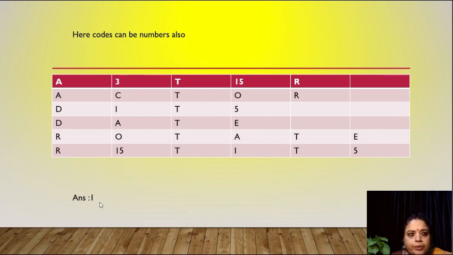So whenever you get such type of questions, you represent it in a table format. Once you have the table format, it is easy to represent all the alphabets in terms of codes or numbers, and once you get that, represent the final question, and just by looking at the table we can find out the options.